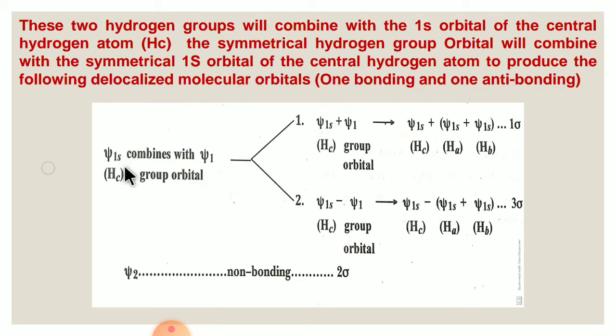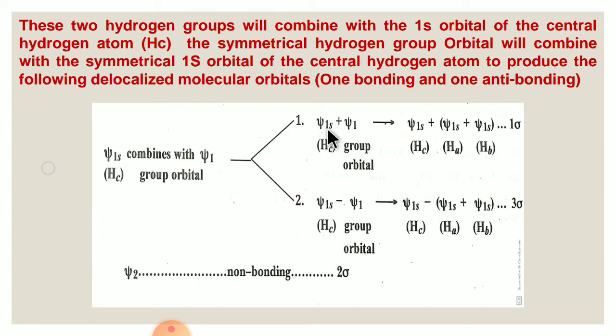Here the Psi1s atomic orbital of HC is combined with the Psi1 group orbital, that means LGO, which forms two molecular orbitals. First is the bonding molecular orbital, which is formed by the addition, and the other is the antibonding molecular orbital, which is formed by the subtraction.